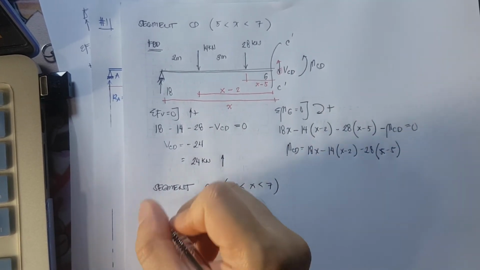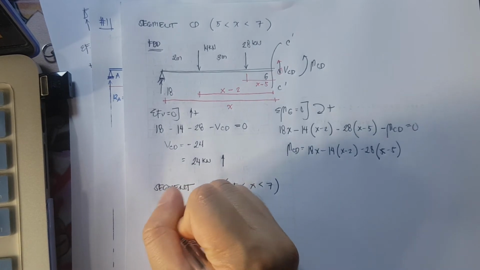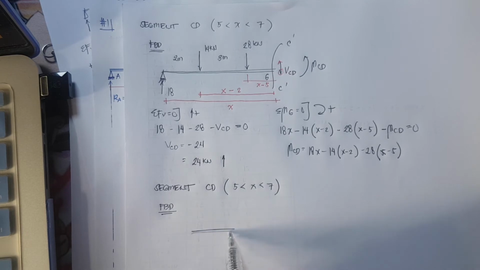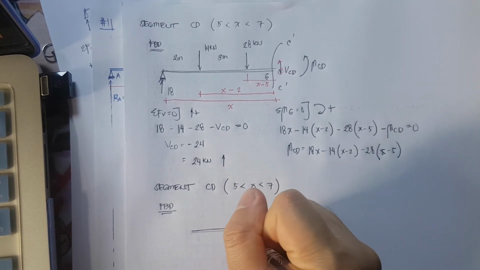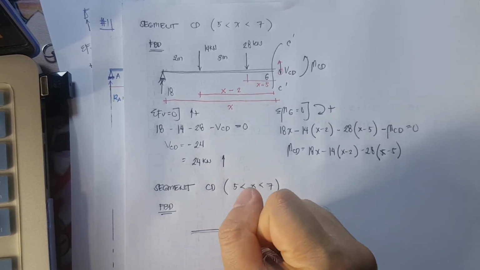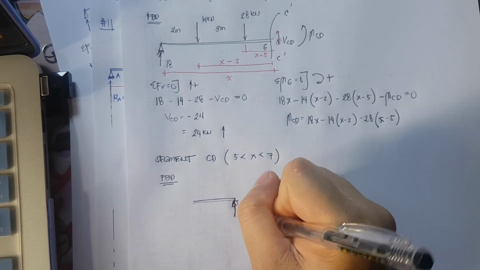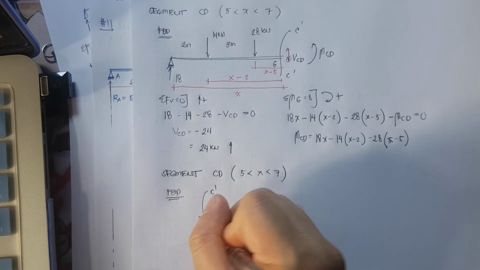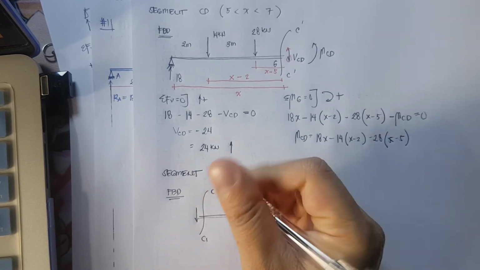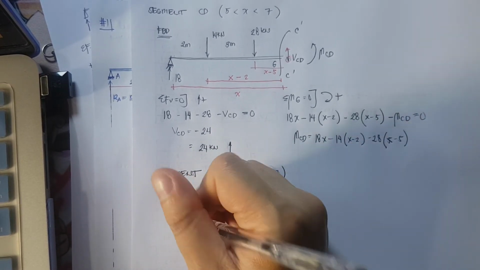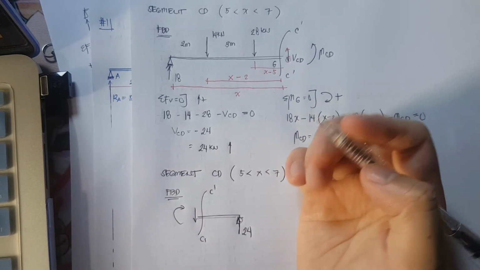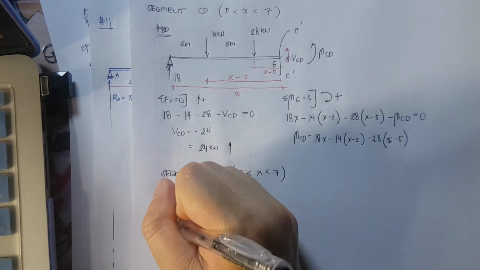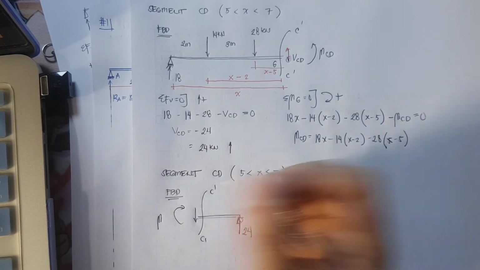Then I'll be drawing my free body diagram. It will still be the same. It should be the same. I should be generating the same answer. So I have here 24. Then my cutting plane is here. That is C prime. So shear would be downwards. And moment, I'll assume it to be clockwise. So this is MCD.